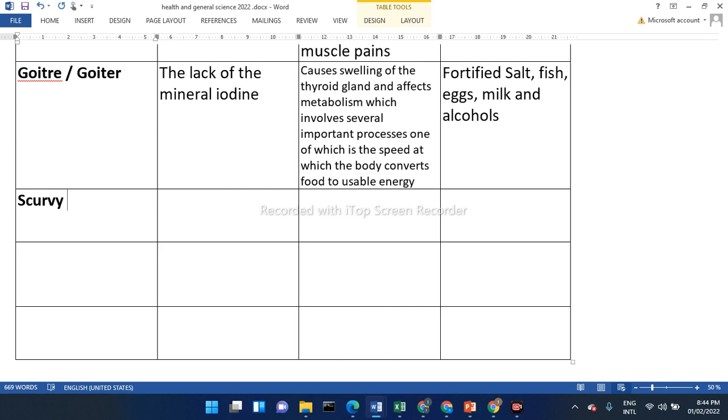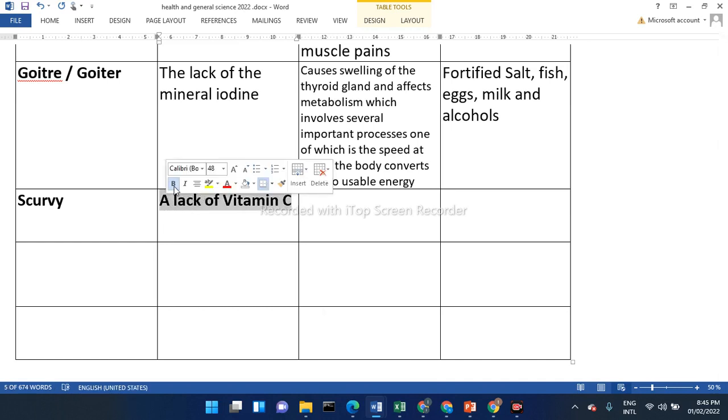Scurvy is going to be a result of what? It was also talked about last week. It's a result of a lack of vitamin C. Everybody knows where we can get vitamin C from.